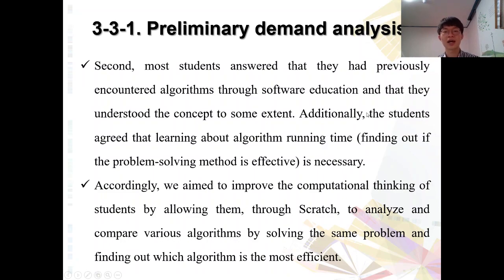Second, most students answered that they have previously encountered algorithms through software education, and that they understood the concept to some extent. Additionally, the students agreed that learning about algorithm running time is necessary. We aimed to improve the computational thinking of students by allowing them, through Scratch, to analyze and compare various algorithms by solving the same problem and finding out which algorithm is most efficient.